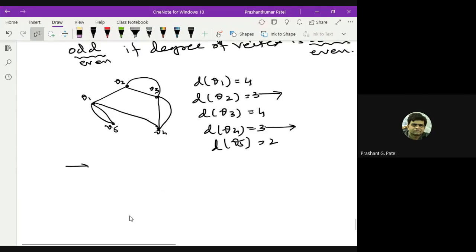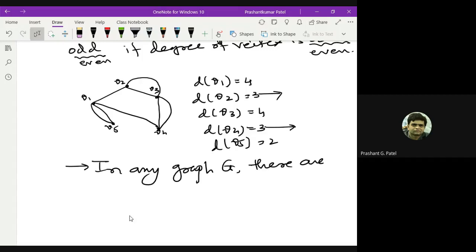So I'm just writing it in one line: in any graph G, there are an even number of odd vertices.